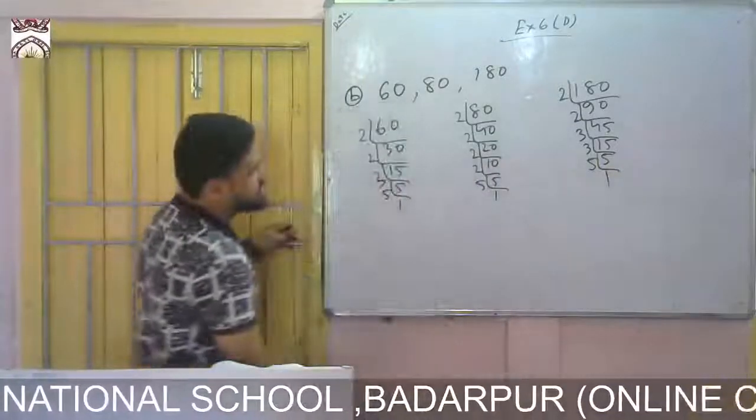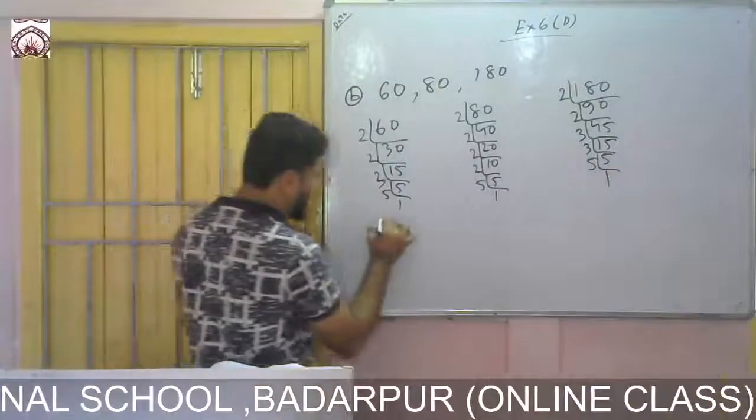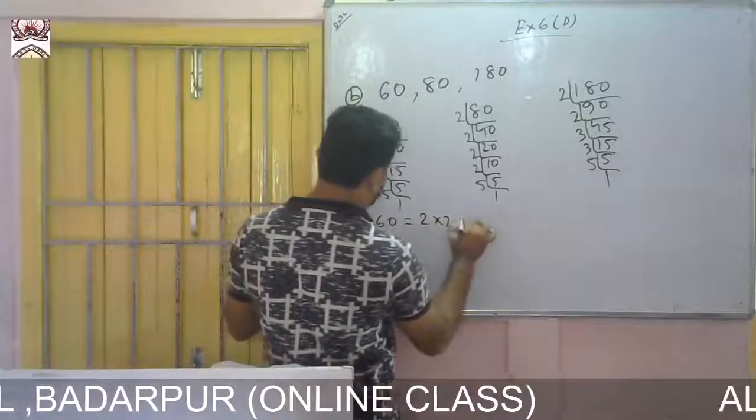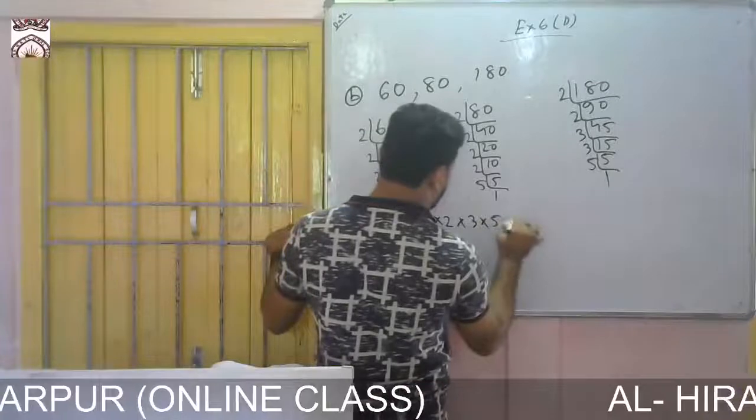So therefore 60 equals to 2 into 2 into 3 into 5 into 1.